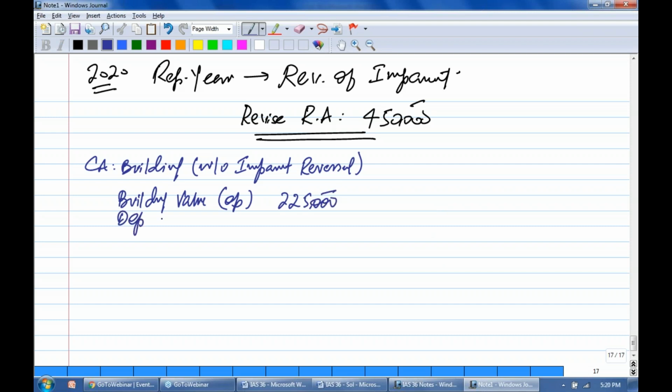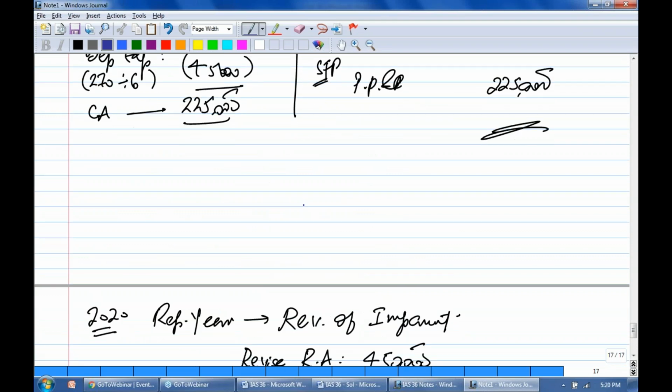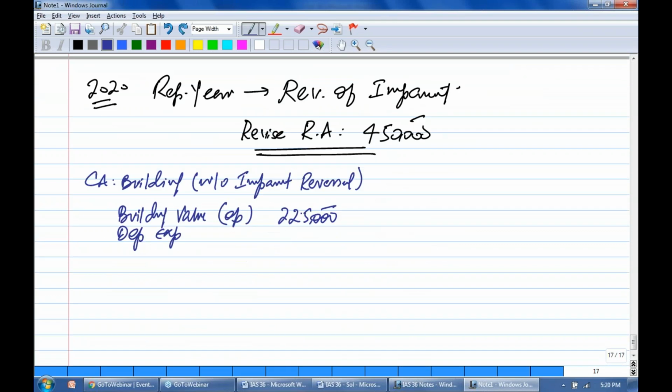And the depreciation expense we have to work out on that basis. Same straight line, that is 45,000, simple. 225 minus 45, that is 180.